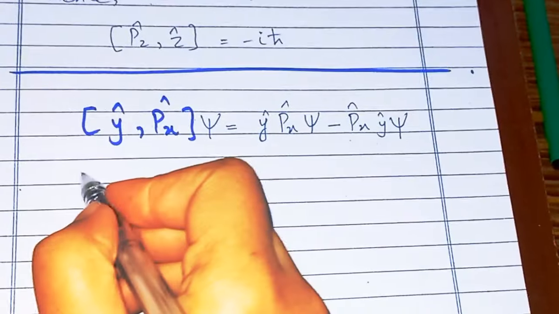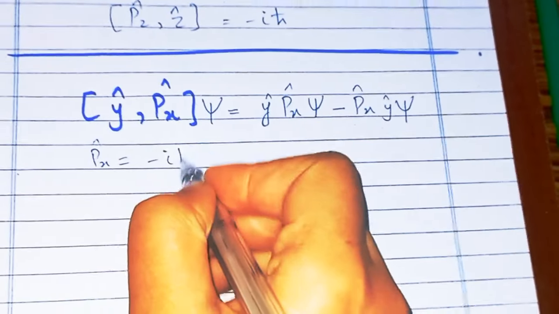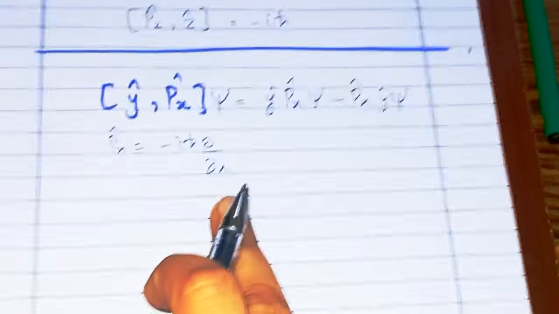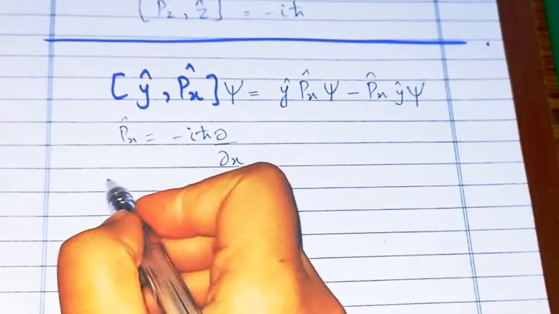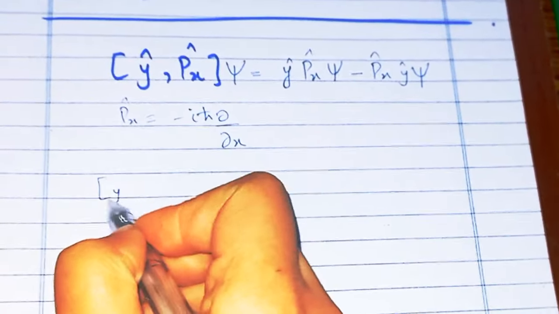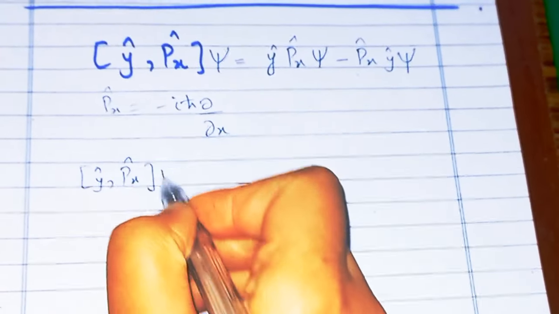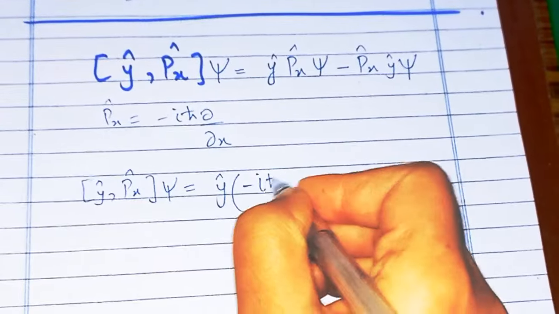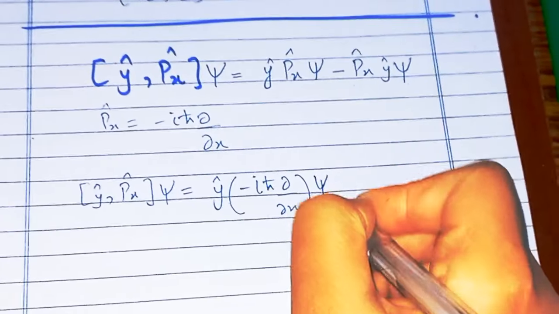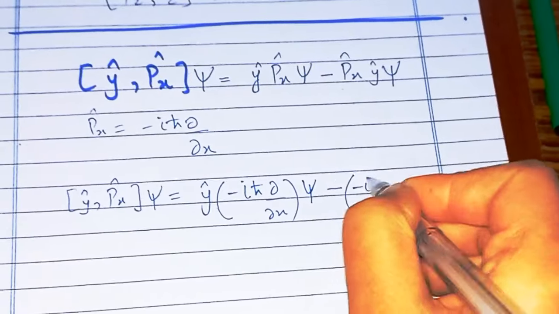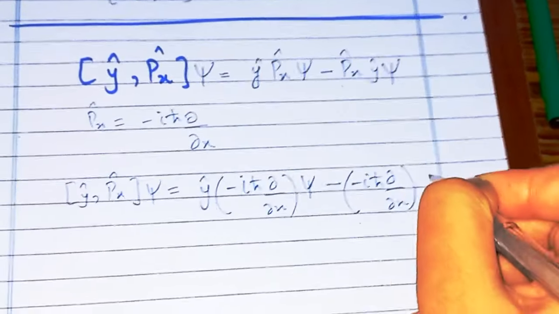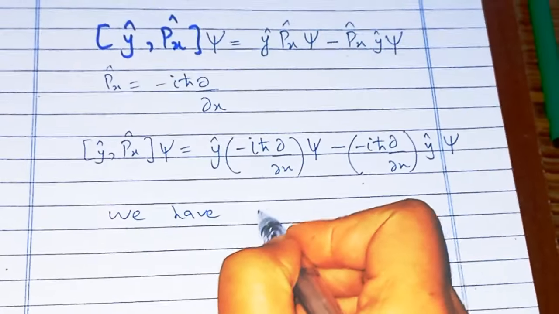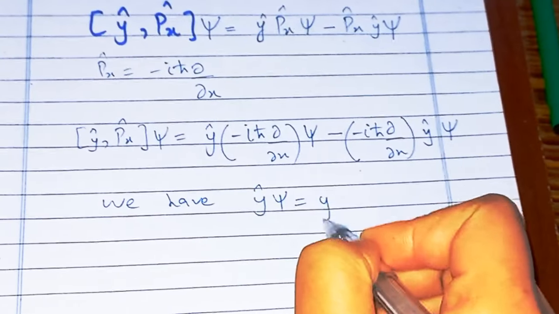Now we have the px operator equal to minus iota h cut partial by partial x. Keep that in mind, it's partial by partial x that matters. So we have the y operator times minus iota h cut partial by partial x into psi, minus minus iota h cut partial by partial x of the y operator applied on psi. The y operator applied on psi is simply y times psi.